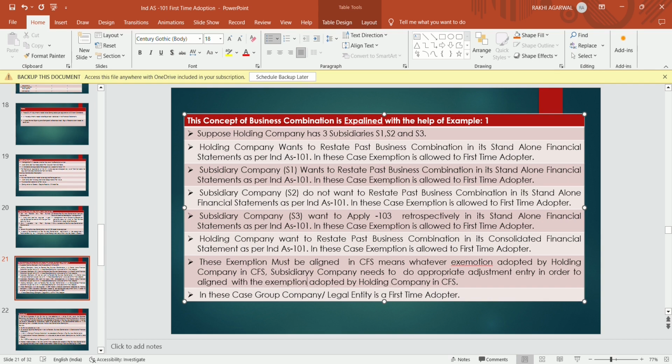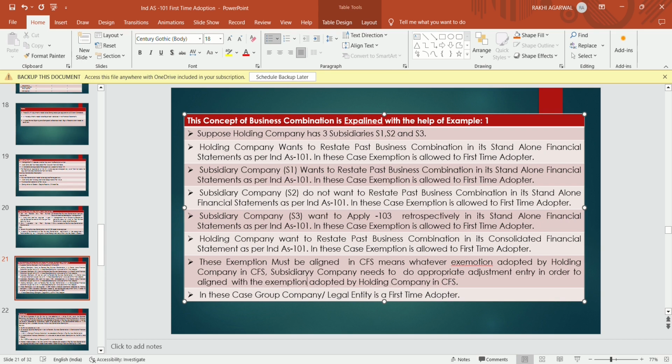Suppose a holding company has 3 subsidiaries S1, S2, S3. The holding company wants to restate past business combination in its standalone financial statements as per Ind AS 101. In this case, the exemption is allowed because the holding company is a first time adopter. In case of a first time adopter, any company holding a subsidiary in its standalone financial statements is allowed to restate its business combination.